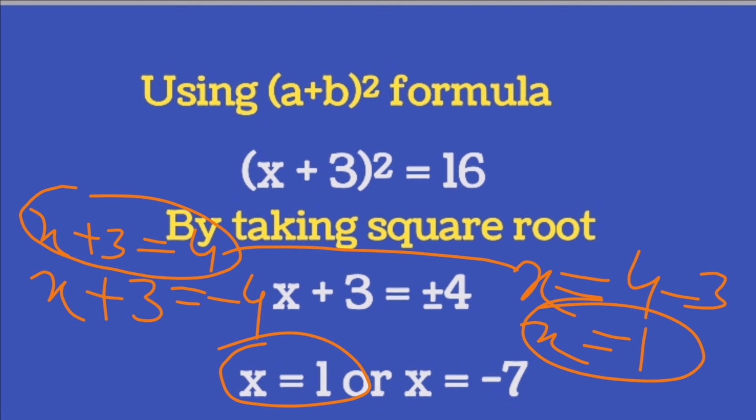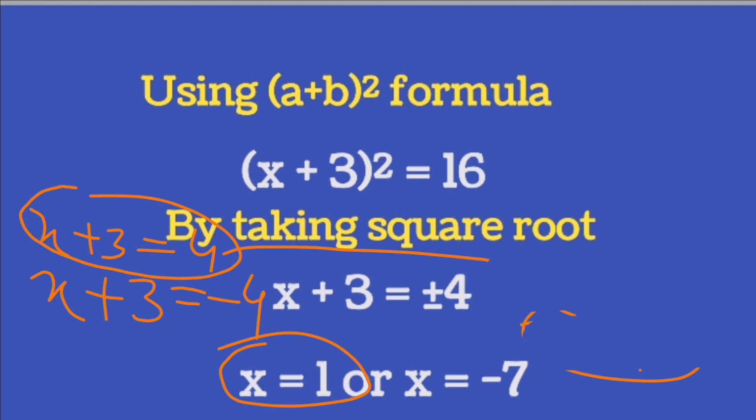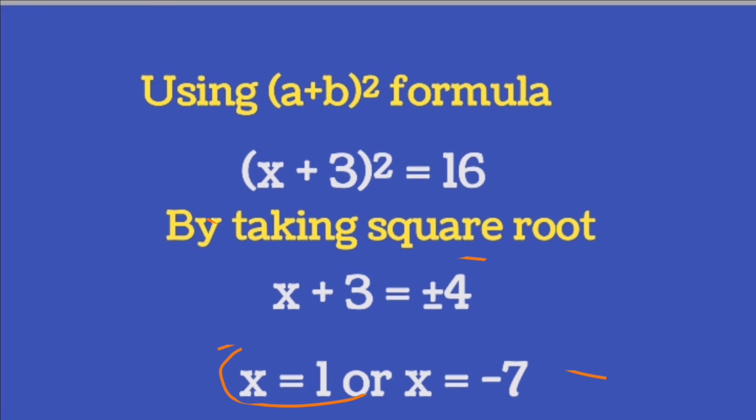Now another solution is x plus 3 is equal to minus 4.